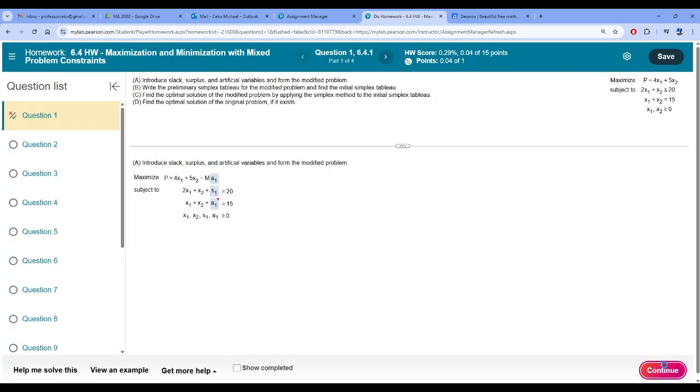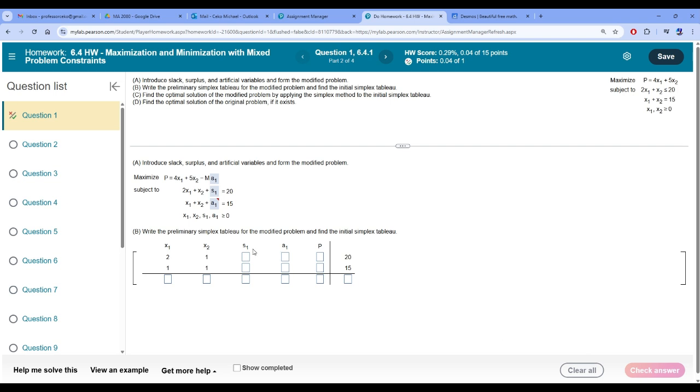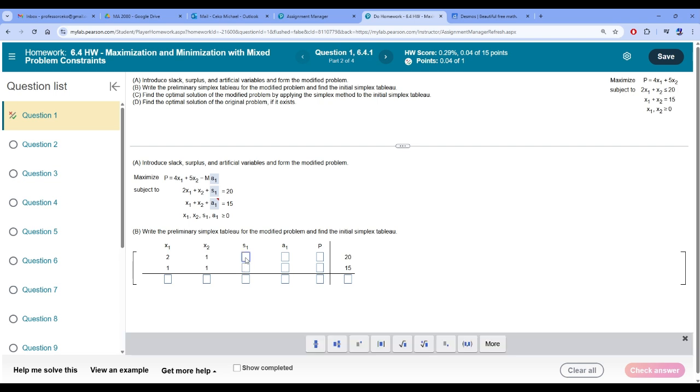Okay. Write the preliminary: 2, 1, 1, 0, 0, 1, 1, 0, 1, 0, 15. And then my solution is 4 x1, 5.